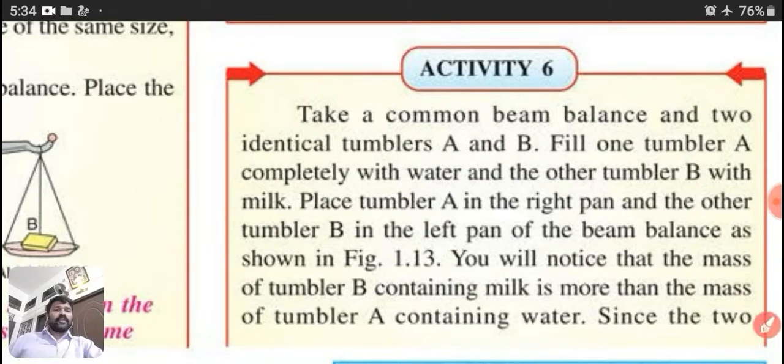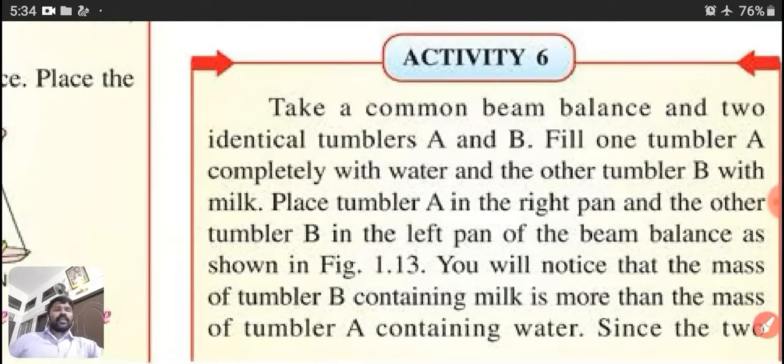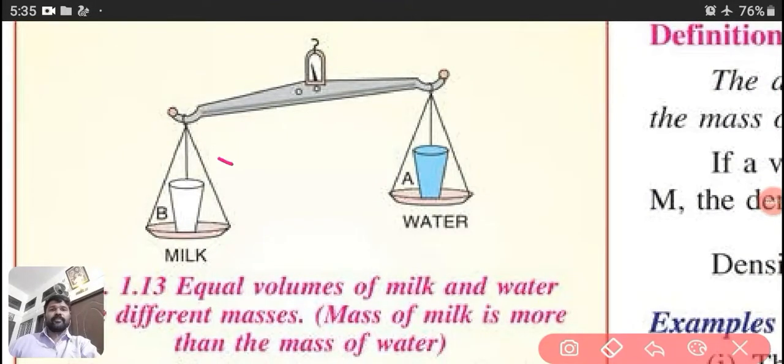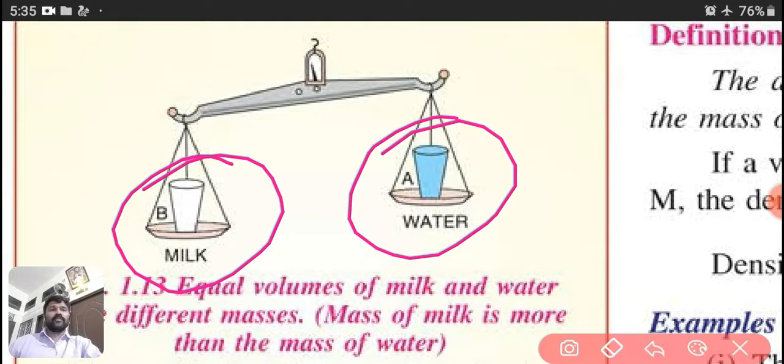Place the tumbler A in the right pan and the other tumbler B in the left pan of the beam balance as shown in the figure. Please observe it. In the first pan there is milk, in the second pan there is water.